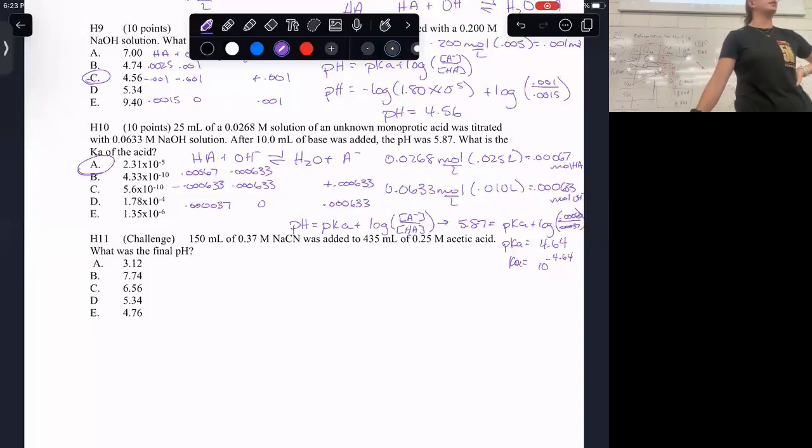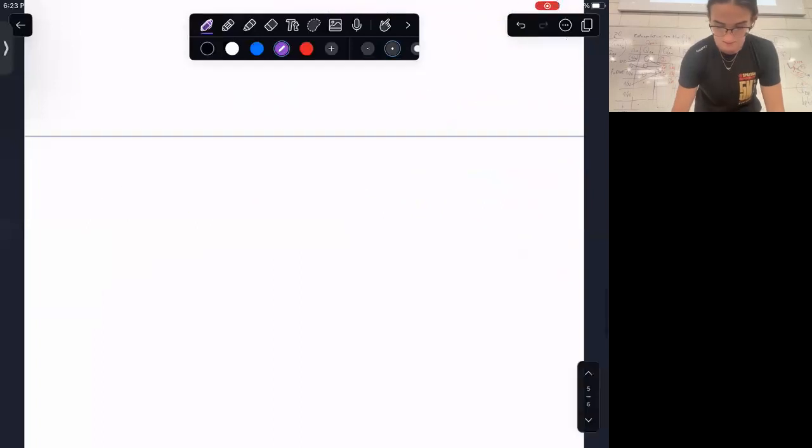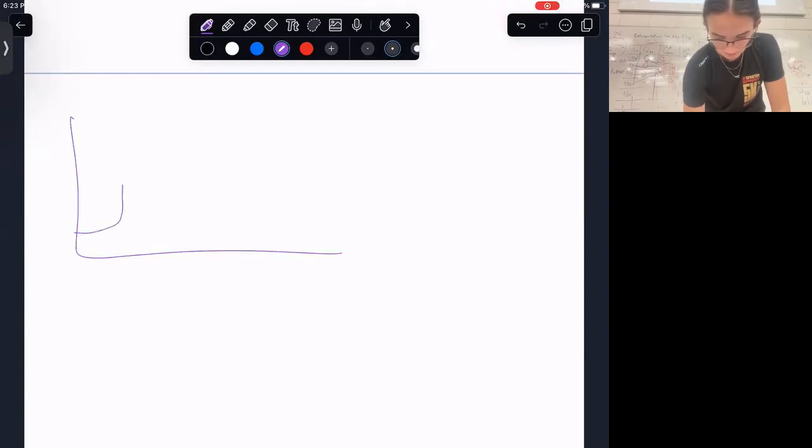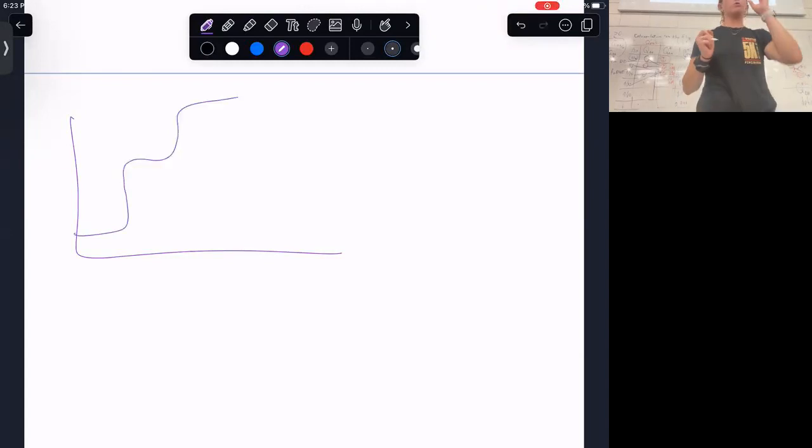In terms of a titration, it's multiple equivalence points. So you just have to know where you are, right?